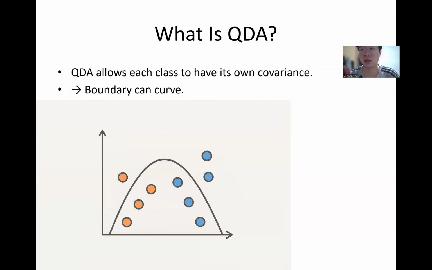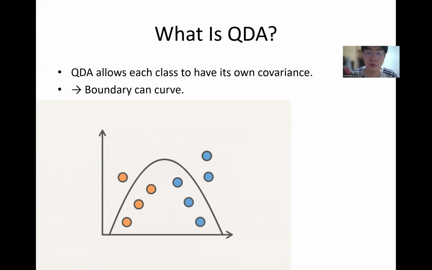Let's think about what QDA is. QDA, or quadratic discriminant analysis, is similar but more flexible. It also assumes Gaussian data, but allows each class to have its own covariance matrix. This means every class can have a different shape or spread in space. This change makes the decision boundary quadratic, so it can curve.